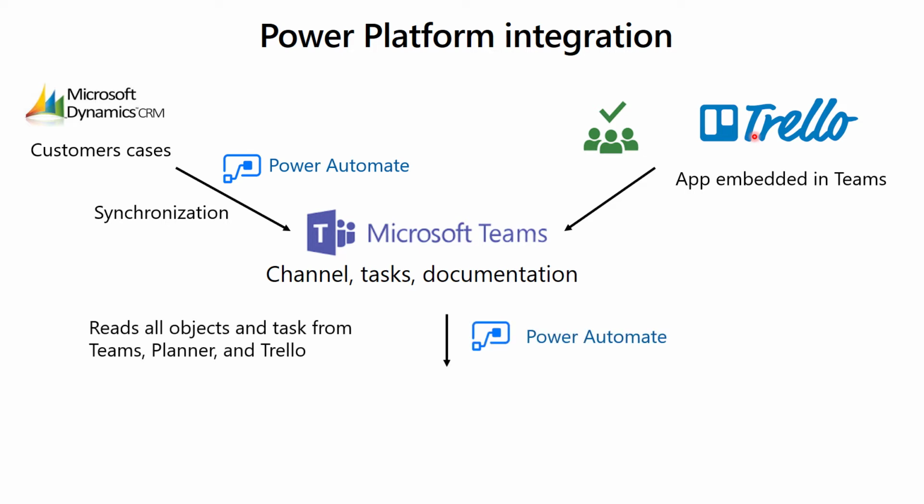And the last point was this general overview that I needed. We achieved it by reading all the tasks, status, users, whatever, from Planner and Trello, through, again, a Power Automate flow, writing to a SharePoint list.